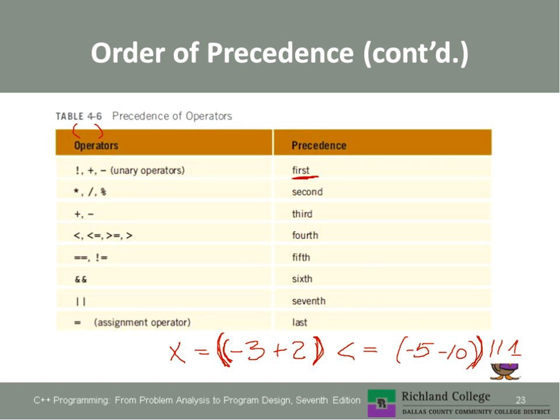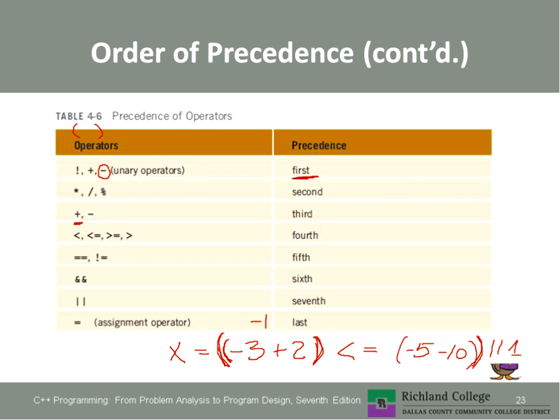In that case you have an expression. First you see -3. Well, -3 is a unary operator, so it looks at it as a minus value. Does 2 have a unary operator to it? No. So then it says, what do I need to do? I need to add these together, so the result is -1.